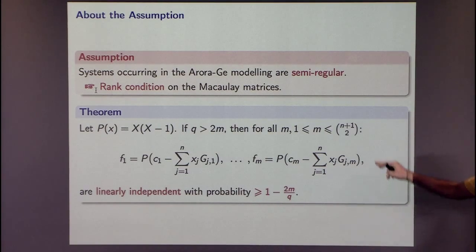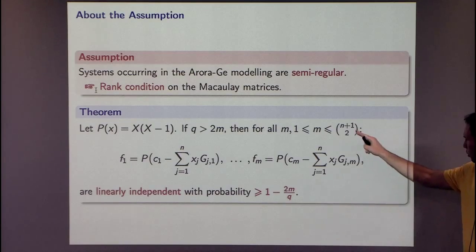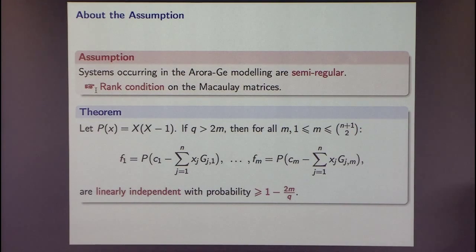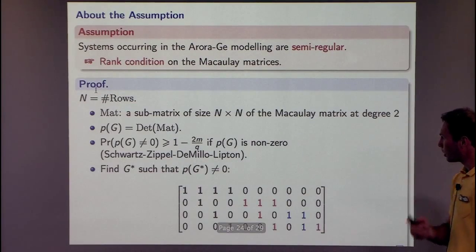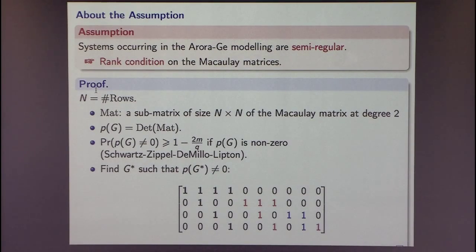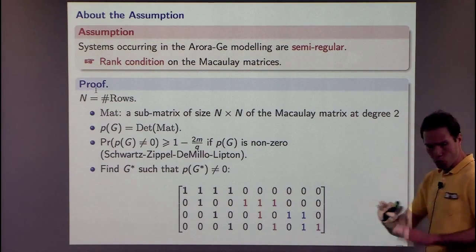I'm taking the maximum number of equations smaller than the bound which is given by Fröberg. And I want to prove that these equations are linearly independent. The tool that I'm going to use is the Schwartz-Zippel lemma. So I have a determinant, and I want to prove that the determinant is non-zero with a good probability. So it's a rank condition.